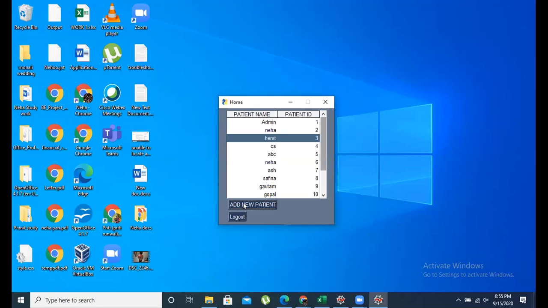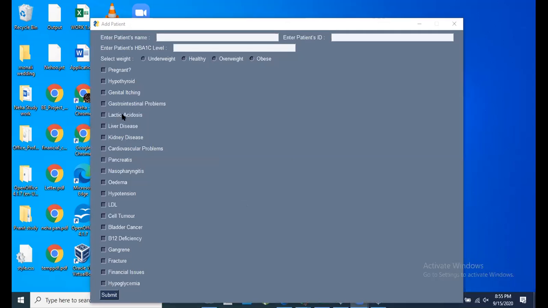After this, we also have the feature of adding a new patient. When a new patient comes here, we include all the attributes from the data set, and we have just given check boxes, because generally most of the attributes have the value 0. That is, most of the attributes are absent in the patients. That's why only the problematic attributes have to be selected.